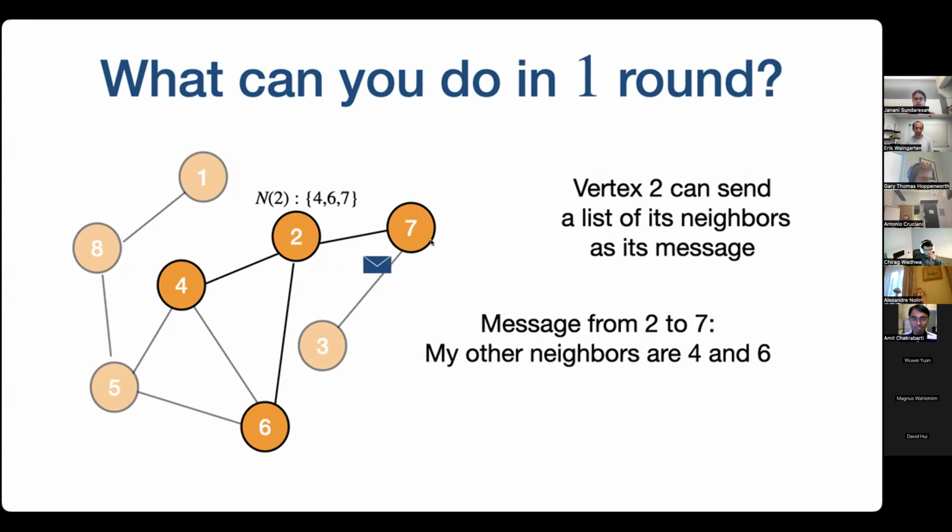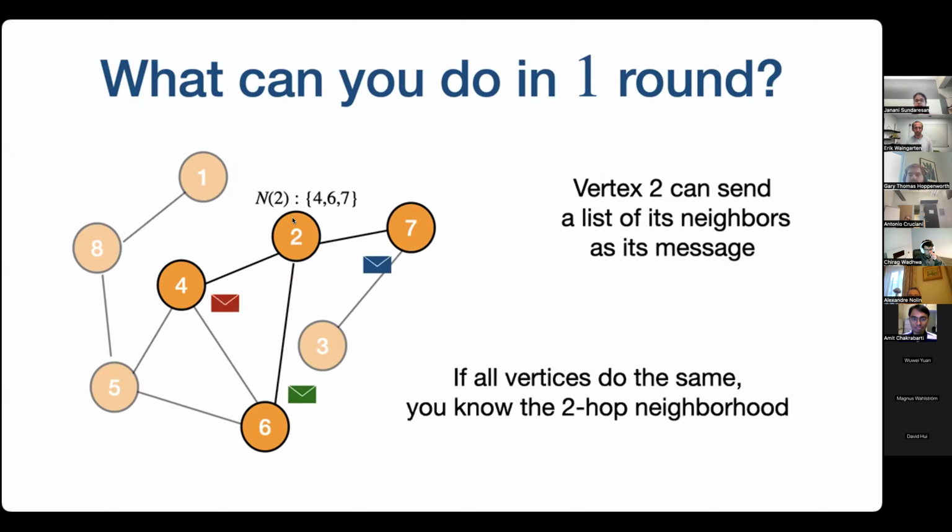So I'll just send this message to vertex 7. If I'm sending a message from 2 to 6, I will just let this 6 vertex know that I have edges to 4 and 7. And if I'm sending a message from 2 to 4, I'll just tell the vertex 4 that I have an edge to 6 and 7 and so on.